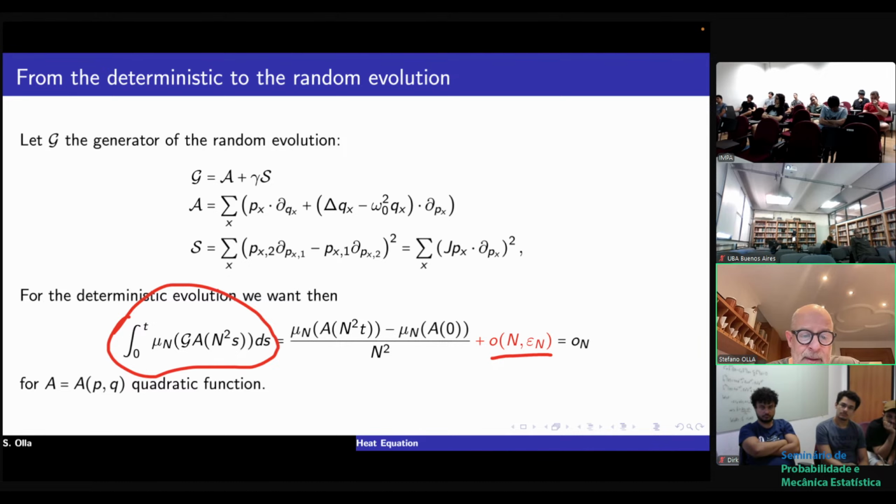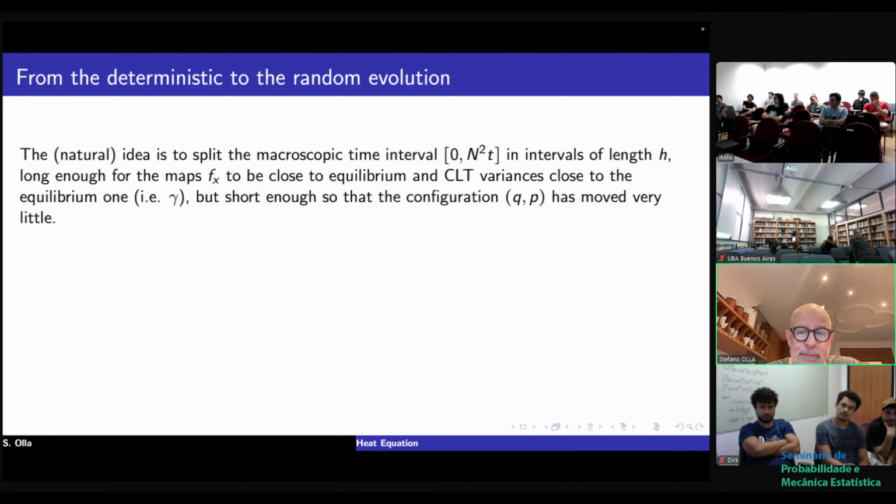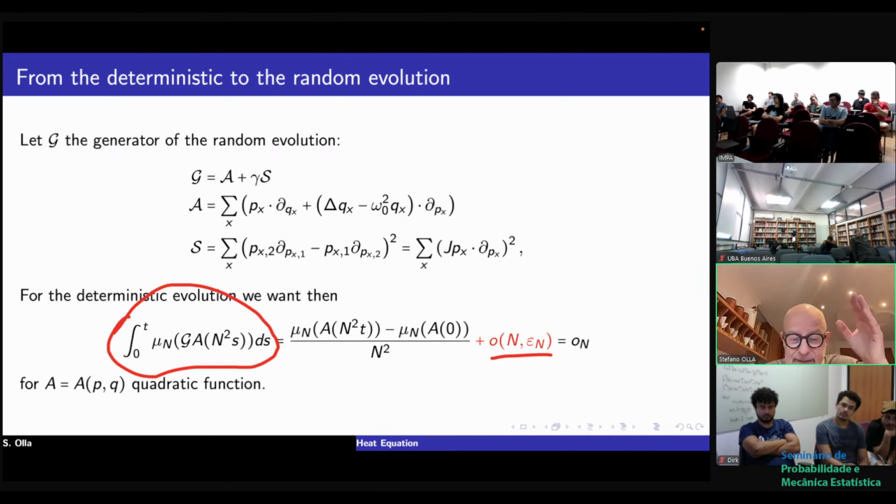Okay, so how do you do this? This is the difficult part, at least if you know how to do the stochastic part. For me, this was the difficult part where I have to learn new things.